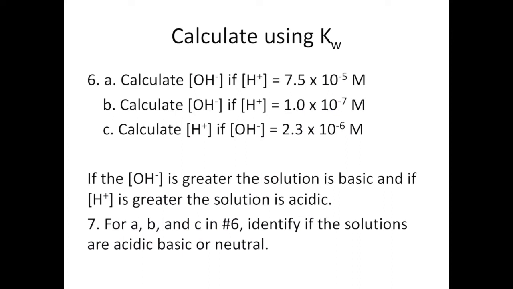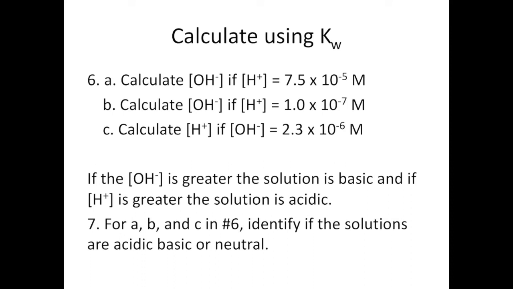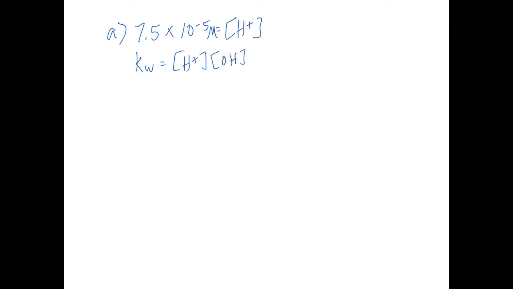Okay, so if we need to calculate OH minus, if my H plus is 7.5 times 10 to the minus 5 molar, here's how we're going to do it. That's my H plus. If I remember that Kw is equal to H plus times OH minus, then I know that Kw divided by H plus is going to give me OH minus.